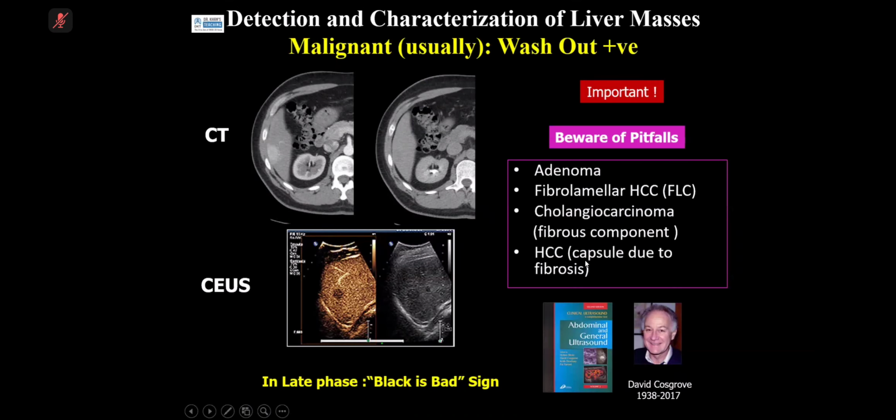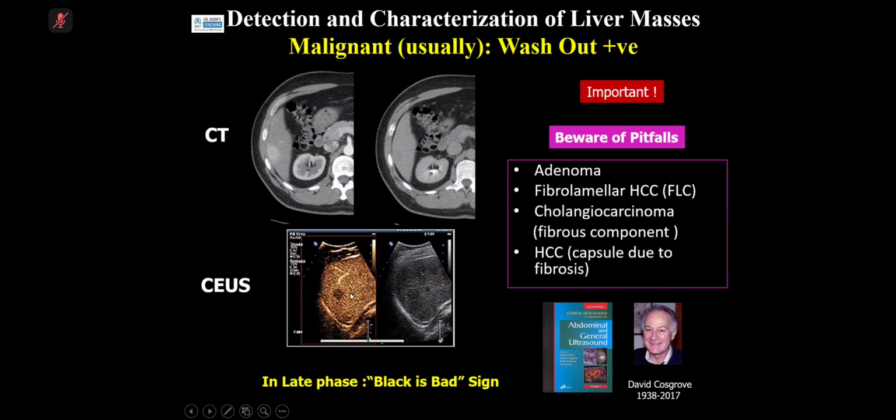So please remember that these principles which I have defined, you can take with a pinch of salt because some of the lesions, particularly adenomas, fibrolamellar HCCs, cholangios, HCC, etc., there can be pitfalls. But overall, this is a very good tool to initially diagnose it because there will be other features which can be picked up to differentiate between them.